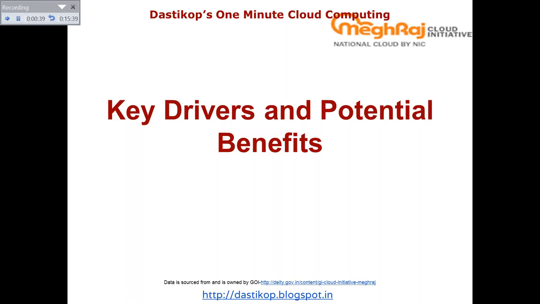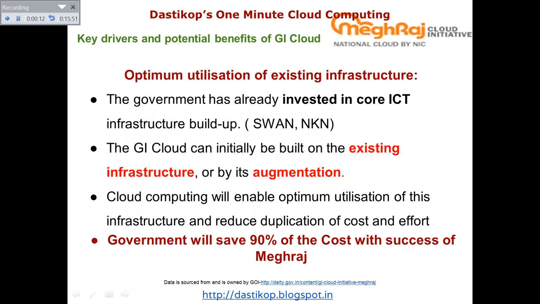The first reason is again a repetition: optimum utilization of existing infrastructure. We have invested a lot in IT infrastructure like NICs, that is National Informatics Centers and all. That is to be optimized. For example, I told you SWAN is there, NKN is there. SWAN is State Wide Area Networks, and NKN is National Knowledge Network.